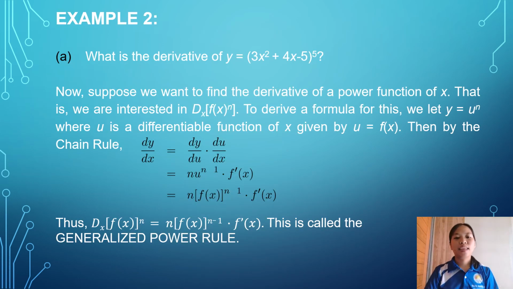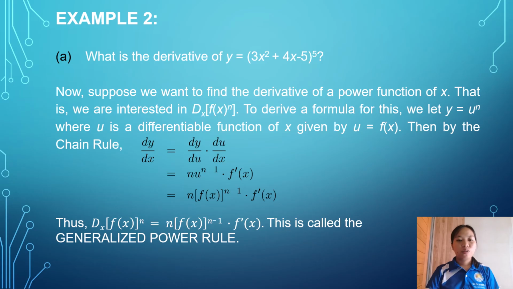So let's have the second example. What is the derivative of y is equal to the quantity 3x squared plus 4x minus 5 to the fifth power? A special case of the chain rule is the generalized power rule, which is particularly useful when dealing with a power function of a function.